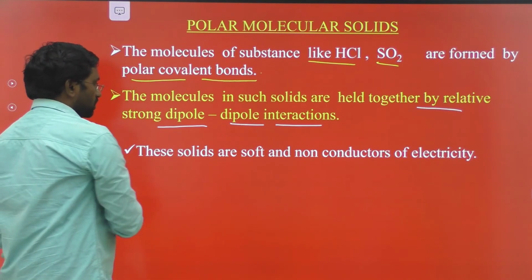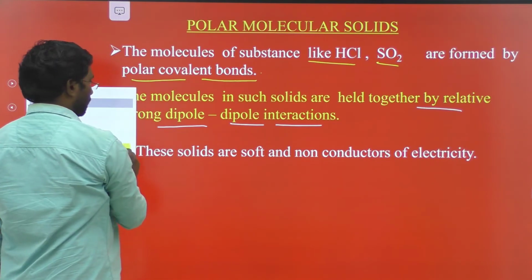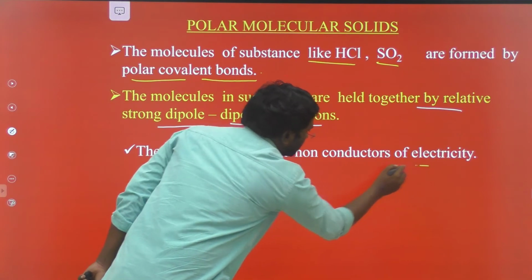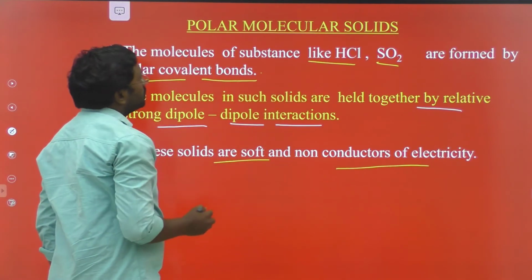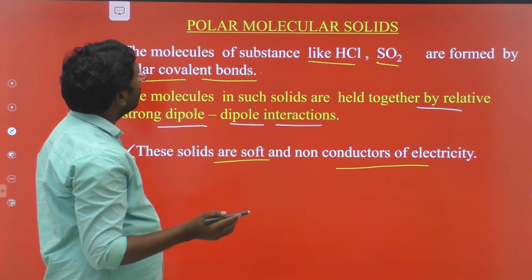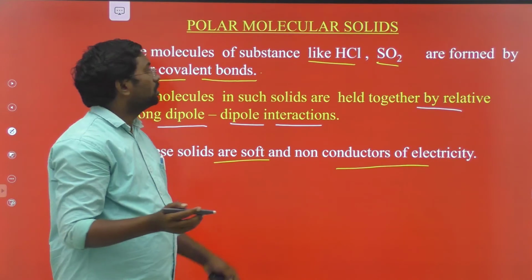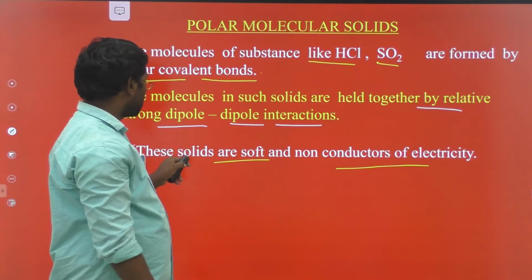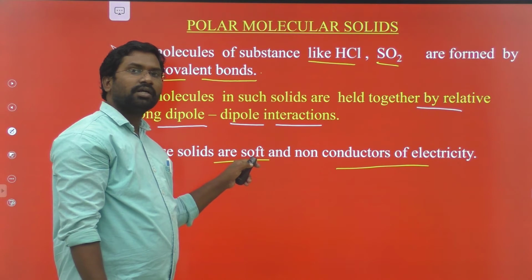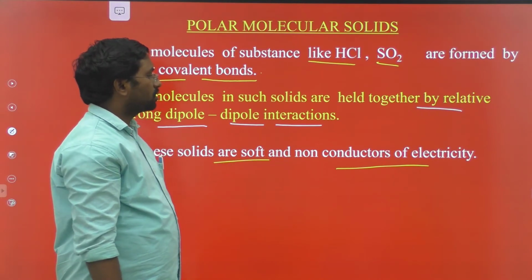Like non-polar molecular solids, these solids are also soft and non-conductors of electricity.